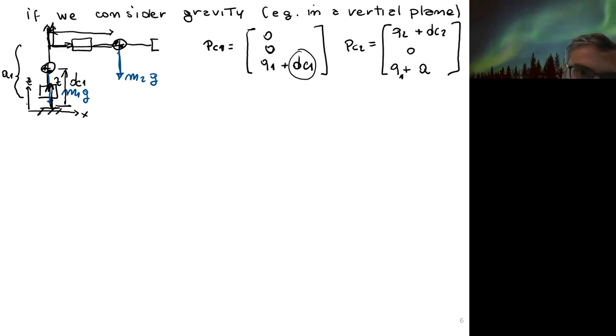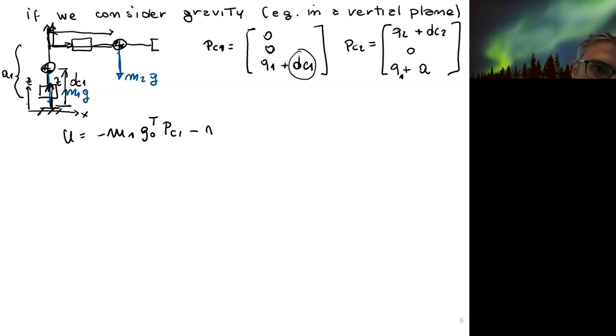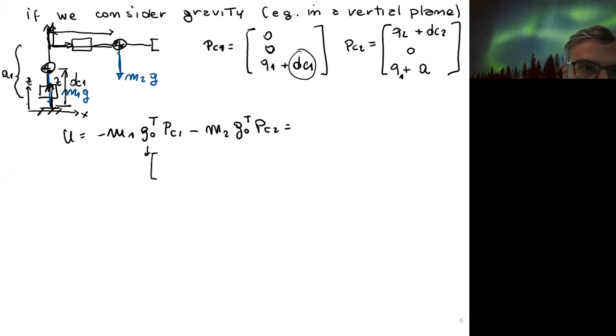And if we compute U, we apply the formula. Potential energy is minus M1 g0 transpose PC1 minus M2 g0 transpose PC2, and g0 looks like 0, 0, minus g, pointing downwards in the z coordinate.